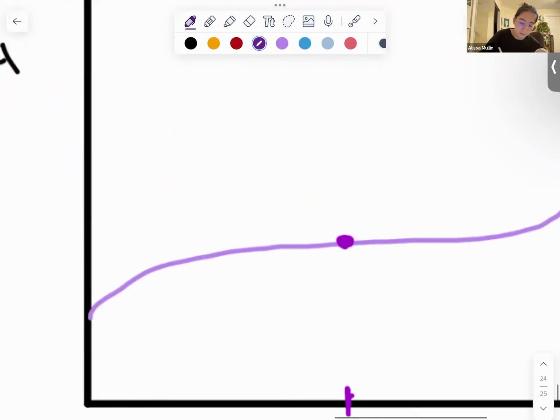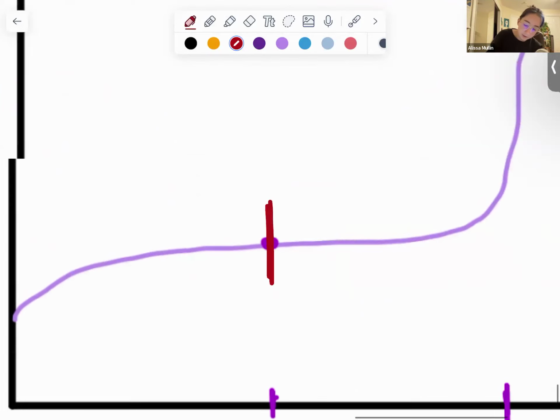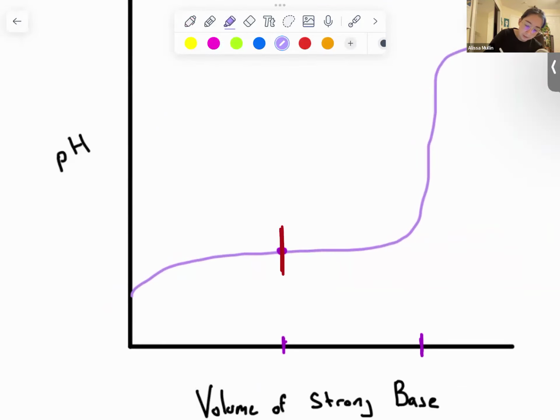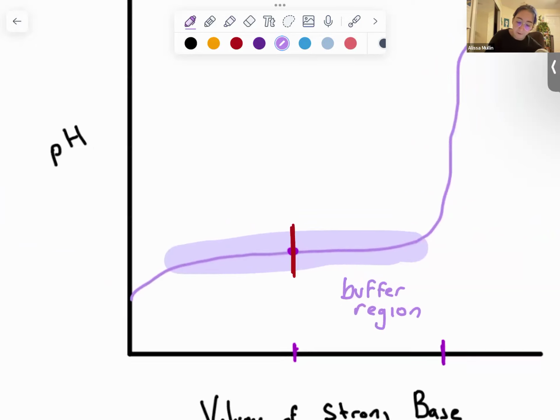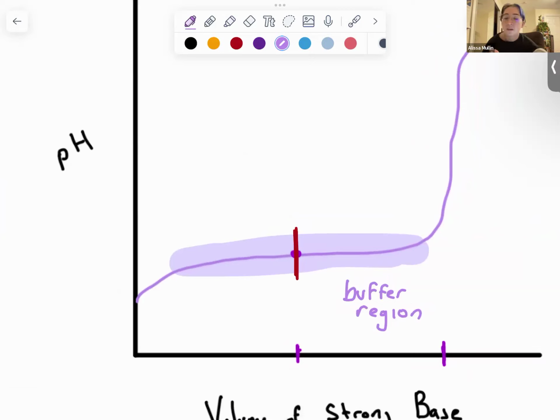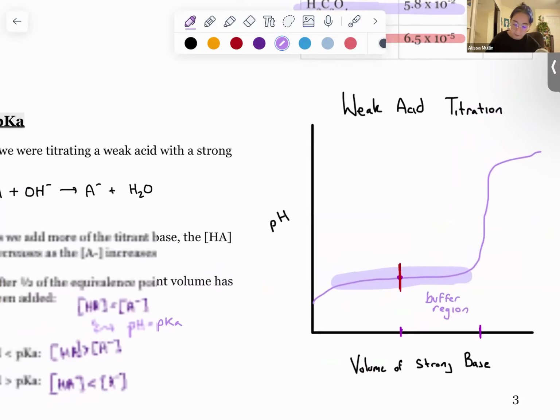Okay, so let me show you that on here. So here's our point where pH is equal to pKa. And a reminder that this region, as we saw with our calculations, is called the buffer region. So only in that first flat part, that's where this matters. That's where you have both conjugate acid and conjugate base, and where we could use Henderson-Hasselbalch like we saw with our calculations.